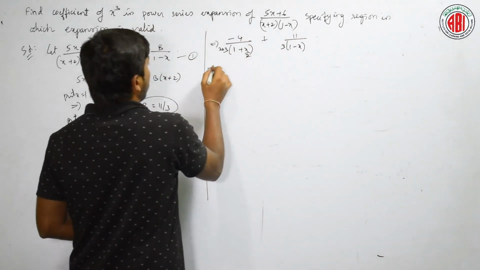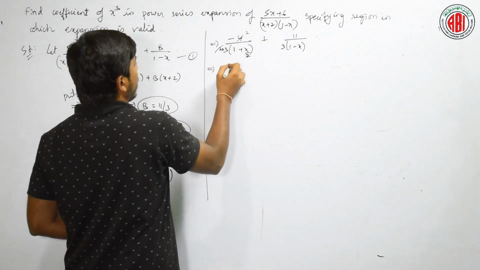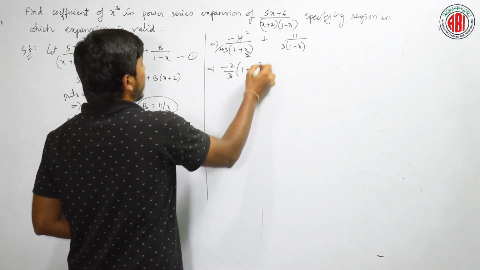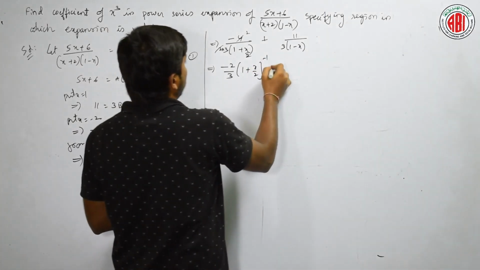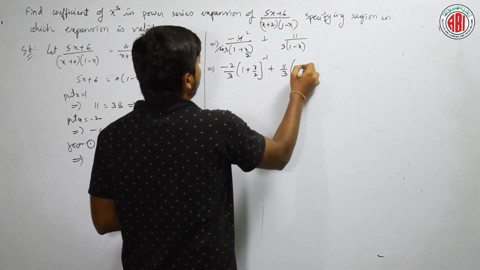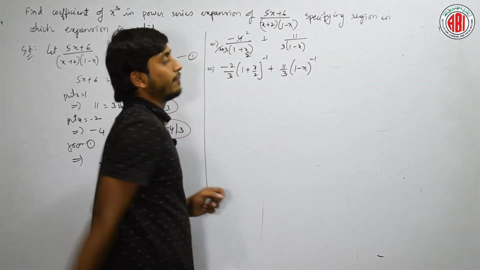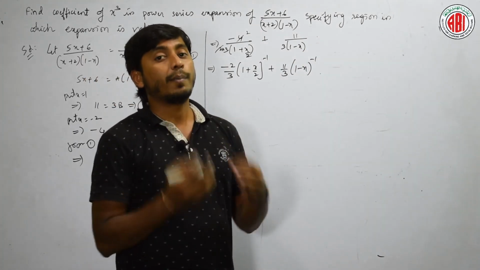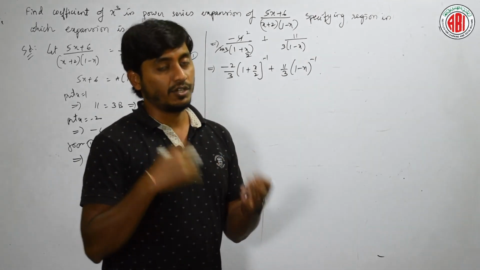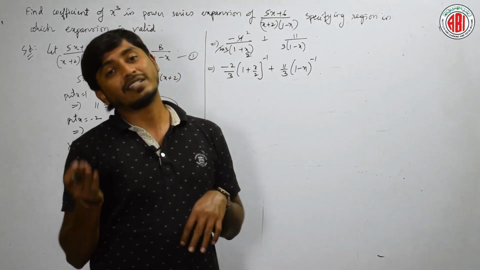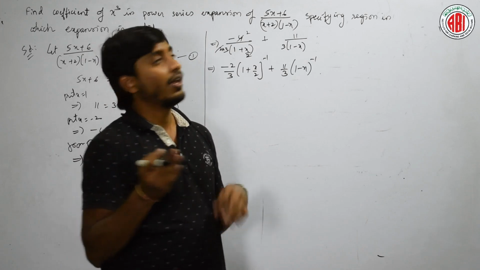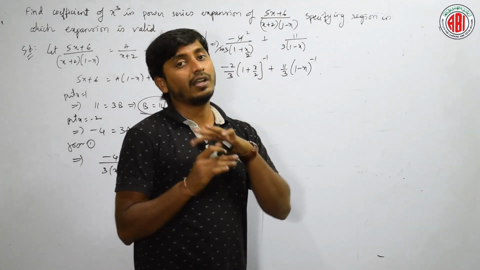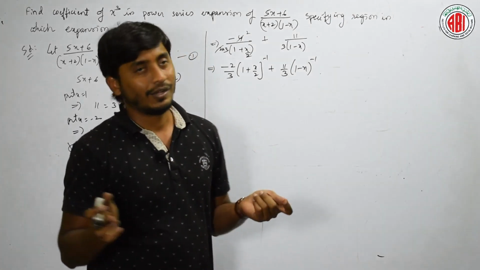Now 2 ones are 2, this will be left with minus 2 by 3 into (1 plus x by 2) whole power minus 1, and here 11 by 3 into (1 minus x) whole power minus 1. We have written it in the power series form: denominator can be written as inverse of a numerator, or numerator term as inverse of the denominator.